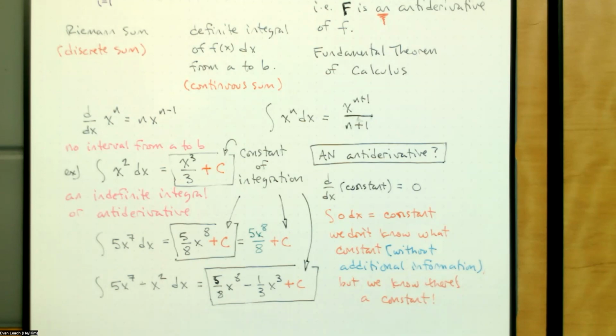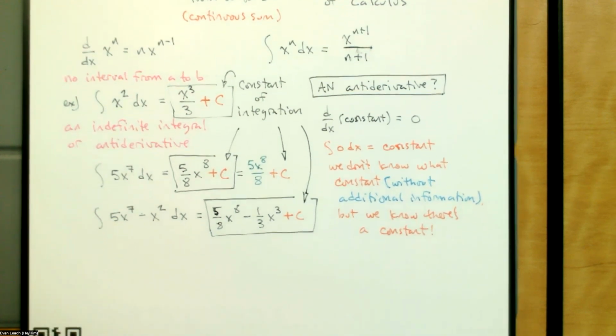Okay. So differentiation and integration are almost inverses of each other. The reason that we can't declare them officially inverses is the derivative of every constant is equal to 0. So the integral of 0 is some constant that we don't know unless we have additional information.